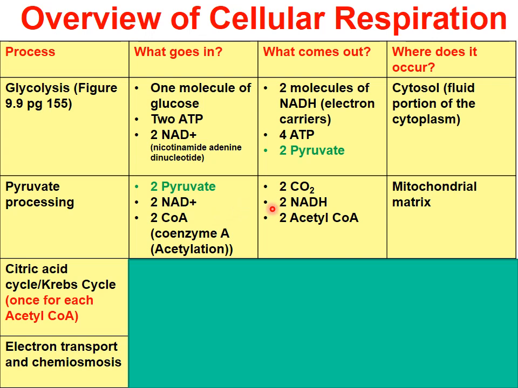What are the products? Well, we have two carbon dioxide molecules. The NAD plus is reduced to NADH, and we have two acetyl coenzyme A's.